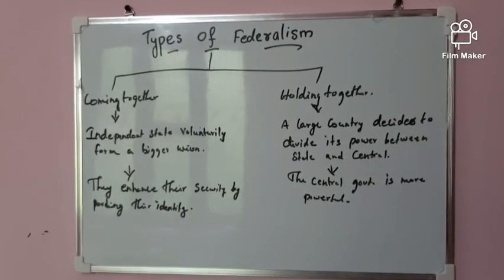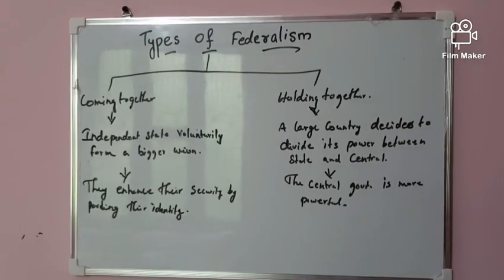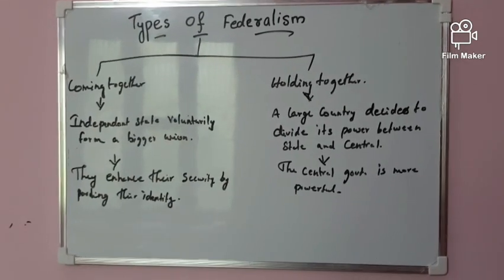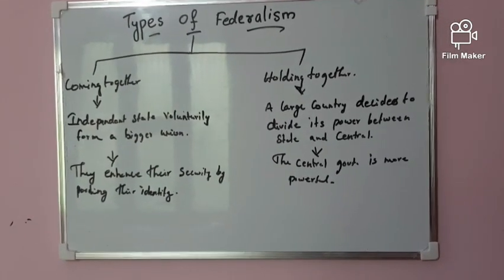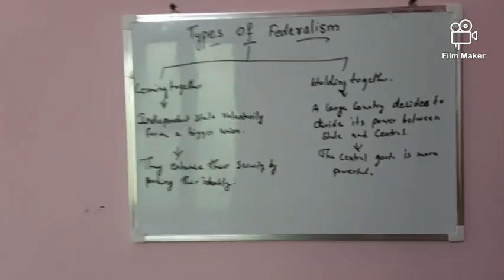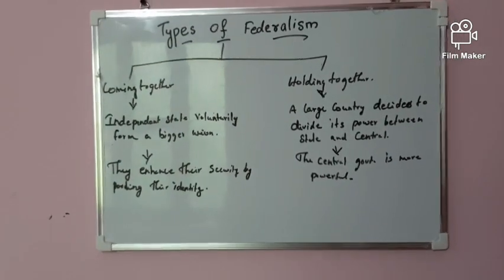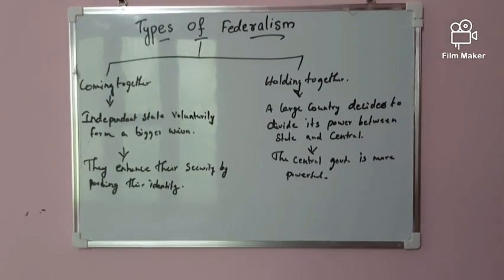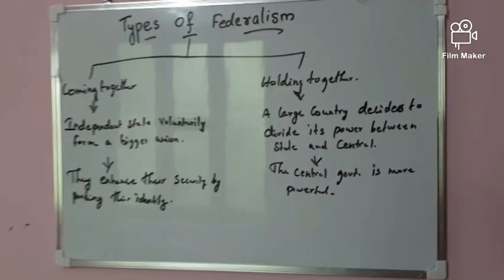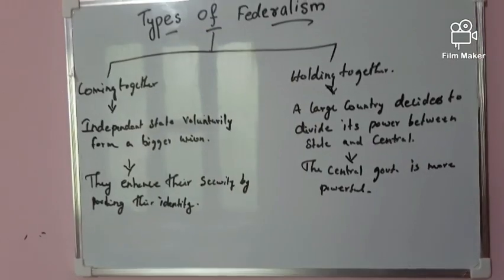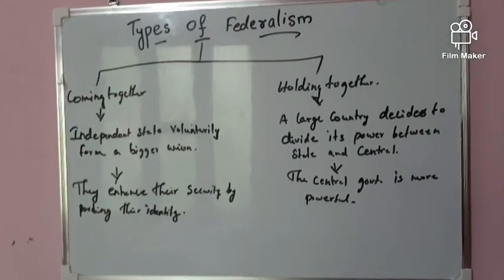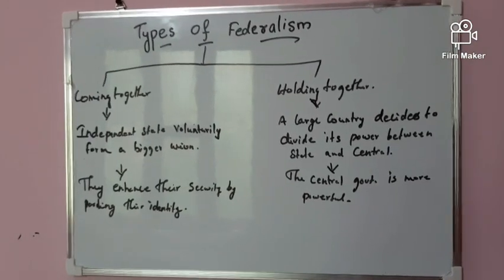In coming together, they enhance their security by pooling their identity or sovereignty. The central government is more powerful than the state government. When you say holding together, it means that they are divided into central government and state government. Even though they have the right to take decisions for their own state, the central government has more powers. So the central government is more powerful.